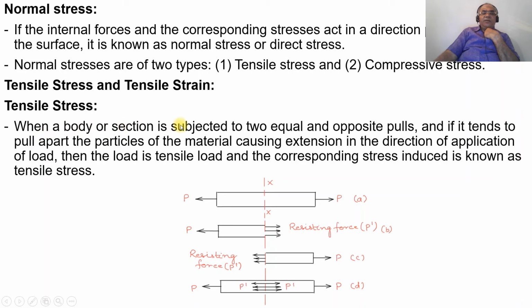So when a body or a section is subjected to two equal and opposite pulls, one on this side and the other on this side, and it tends to pull apart the particles of the material, causing extension, that means increase in length along the direction of application of load, then the load is said to be tensile and the corresponding stress is the tensile stress.